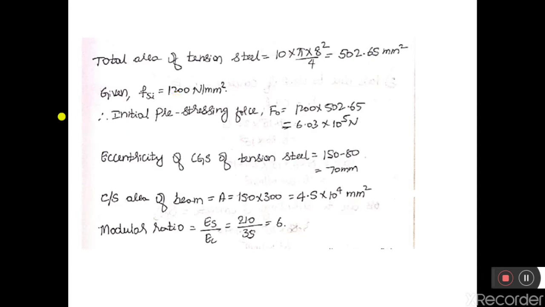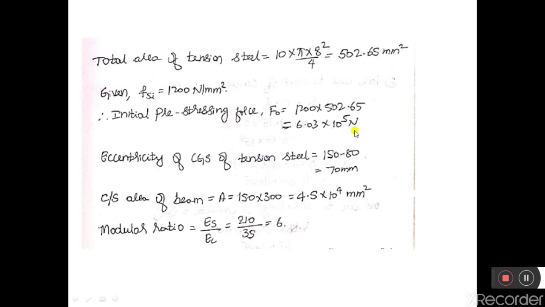Therefore, the initial pre-stressing force, that is F naught, is equal to stress into area. So the initial stress is given as 1200, area is 502.67.